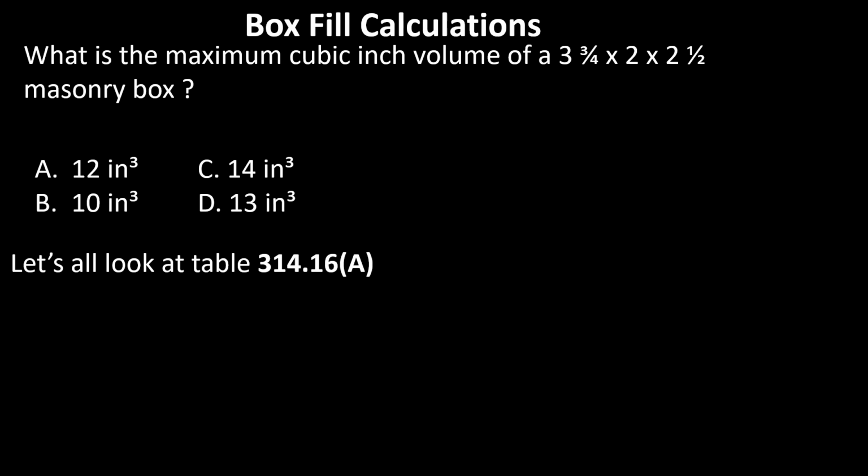You see the minimum volume column? Remember how we learned about the inches cubed? So what we're going to do is we're going to go and we're going to slide over, making sure that we select from the inches cubed section and not the centimeters cubed, and we're going to find out that it is 14. So the maximum volume of this box is going to be C. It's 14 cubic inches. That's the max volume.